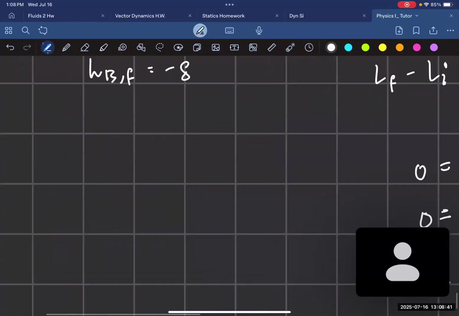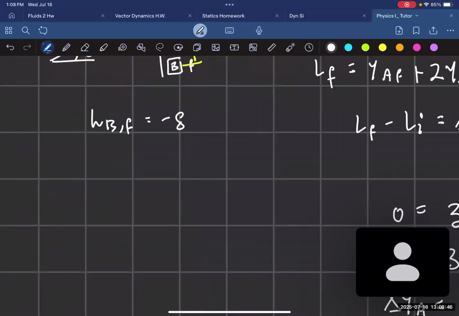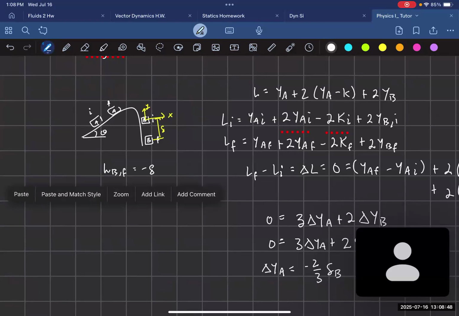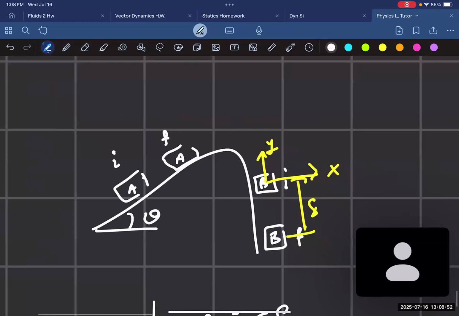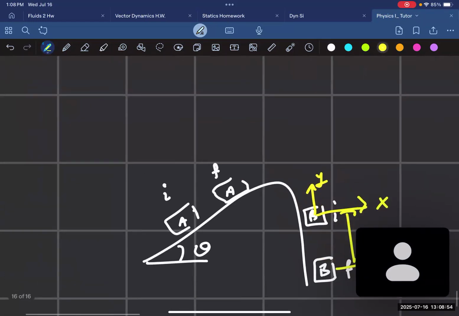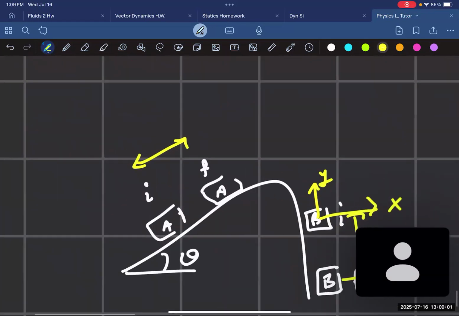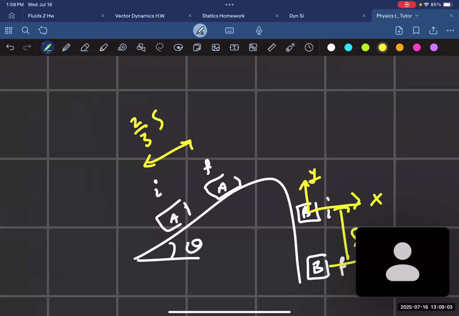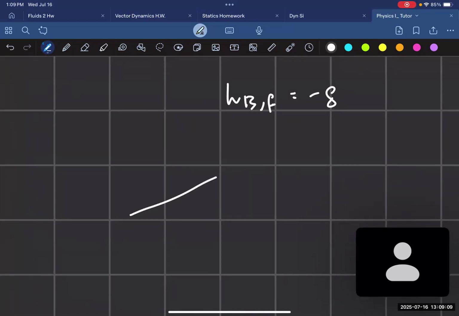And why this is important is because we want to find the rise of the box A, right? So basically, if this moves a delta amount, we get that this right here, box A, moves, according to the equation, 2/3 delta B. Now, doing a little bit of trig, we can find out what the vertical rise is.